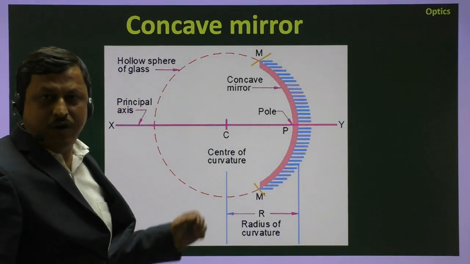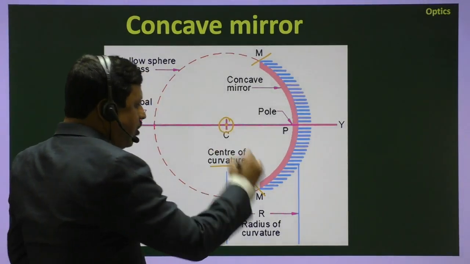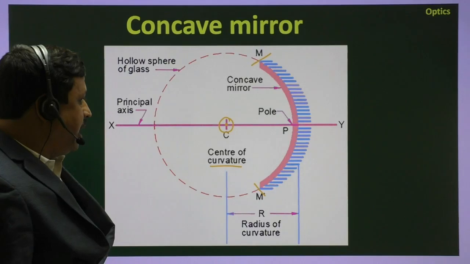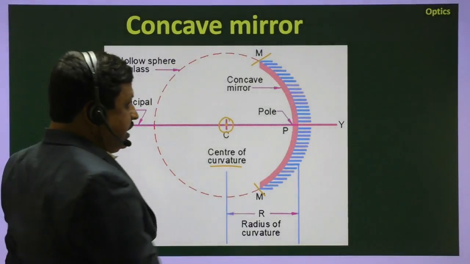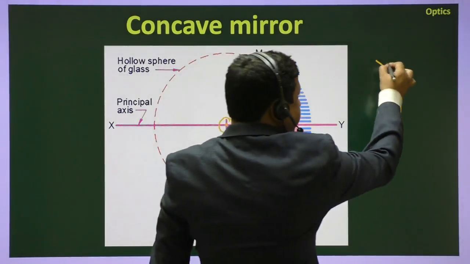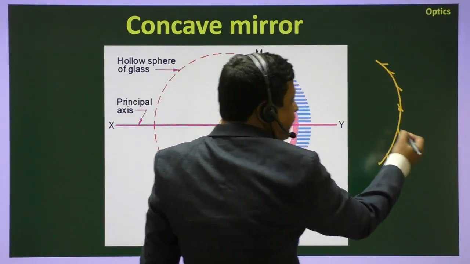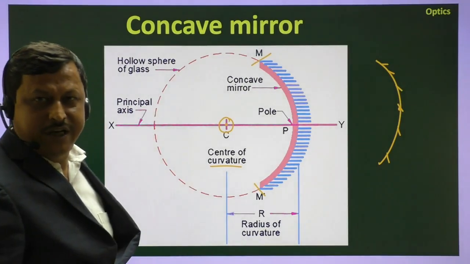So in case of concave mirror, this center is called the center of curvature. And if this is a curved mirror, there is a central position of this curved surface, right?